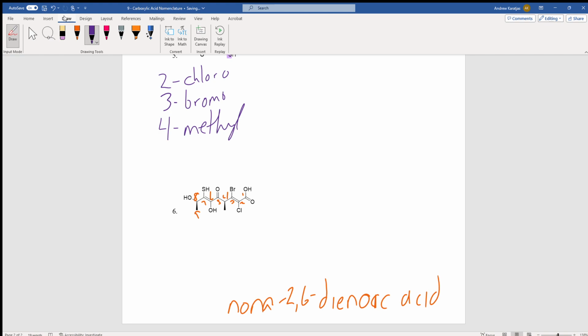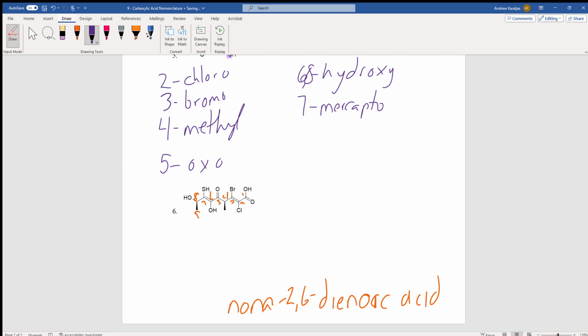Carbon 5, we have a ketone, so that means we're dealing with 5-oxo. 6, we have an alcohol, so 6-hydroxy. Carbon 7, we have a thiol, which gives us 7-mercapto. And then at carbon 8, we have another alcohol. So when we're writing this out, we'll make sure we get the dihydroxy in there.